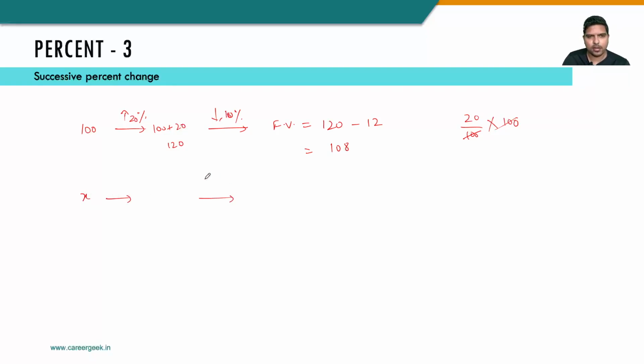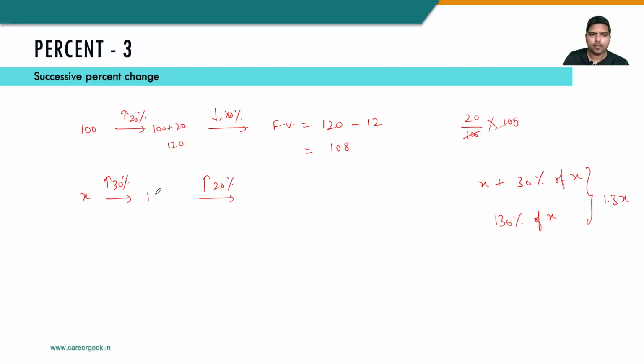Now, let's say x is increased initially by 30% and further increased by 20%. Find the final value in terms of x. Two ways to look at it. You can solve x plus 30% of x, or you can say 130% of x. Either way you're comfortable, you can solve. Both ways you will get 1.3x.